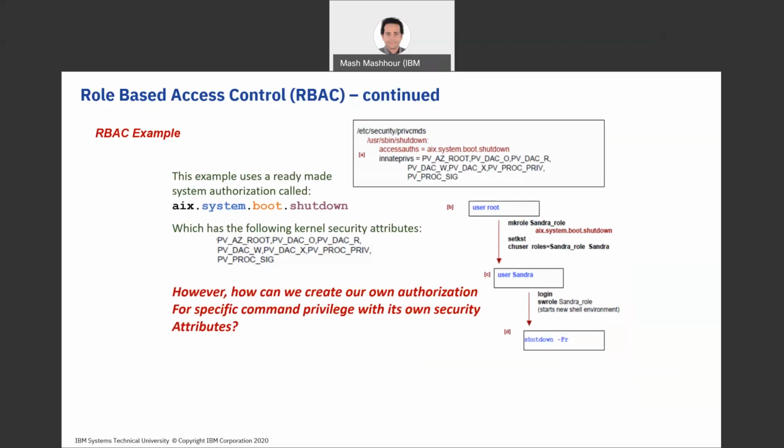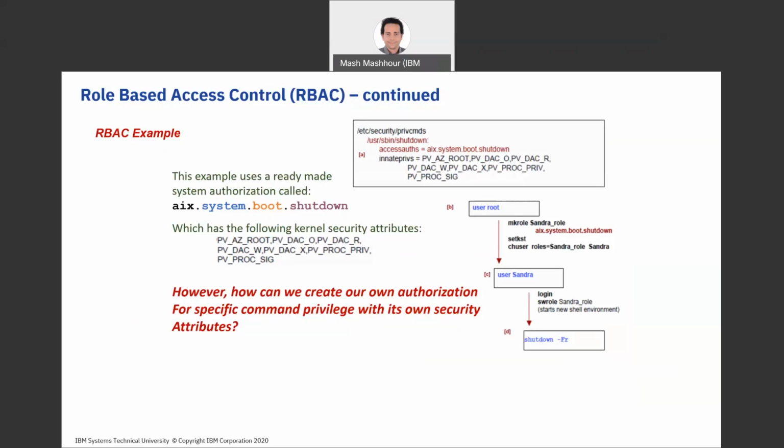The innate privilege attributes are the privileges, or the kernel privileges itself. The kernel security attributes are obtained from the kernel itself.